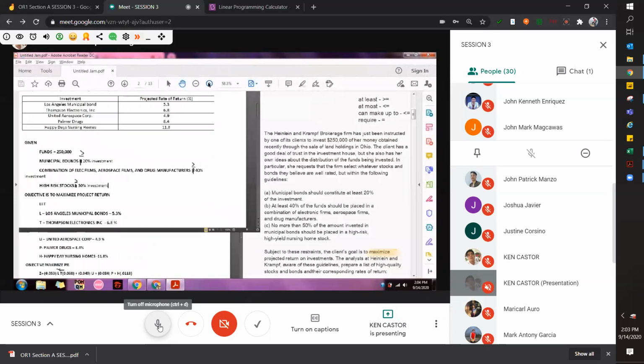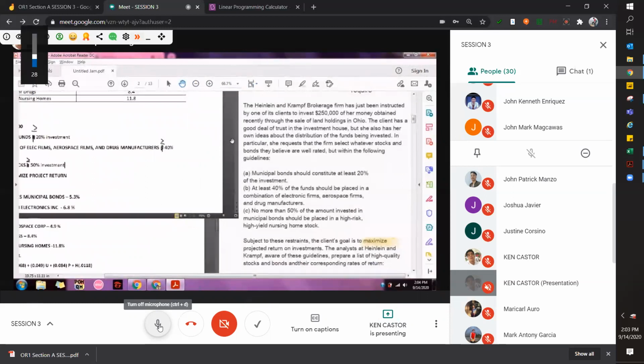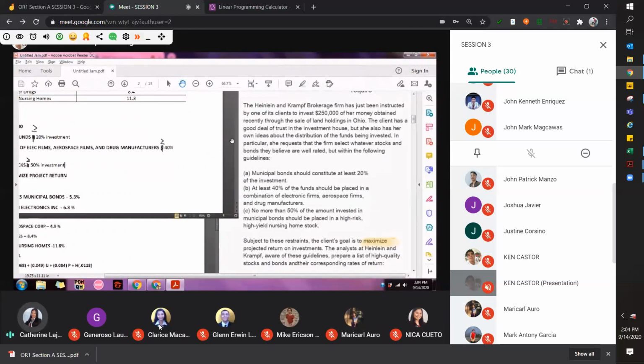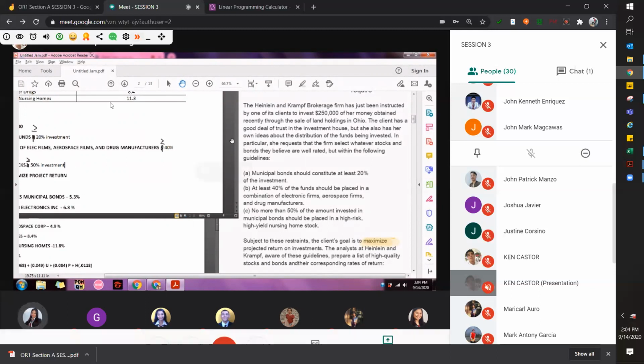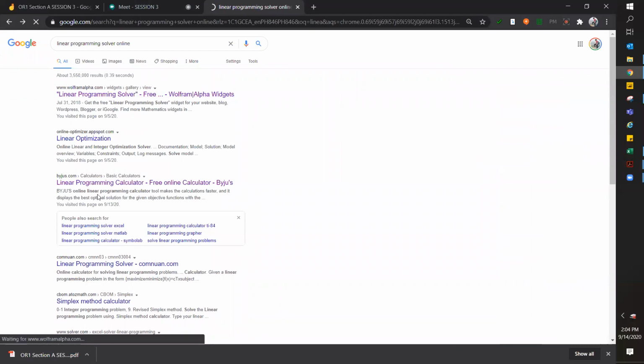Yes, okay na po. So the question is, dahil late at last to reach their class, just instructed by one of the five statements, who read it last recently we received, in particular, he requested the building satellite whenever stocks and funds may be are well rated but within the boundary guidelines. So A, B, C ay naka-assign.